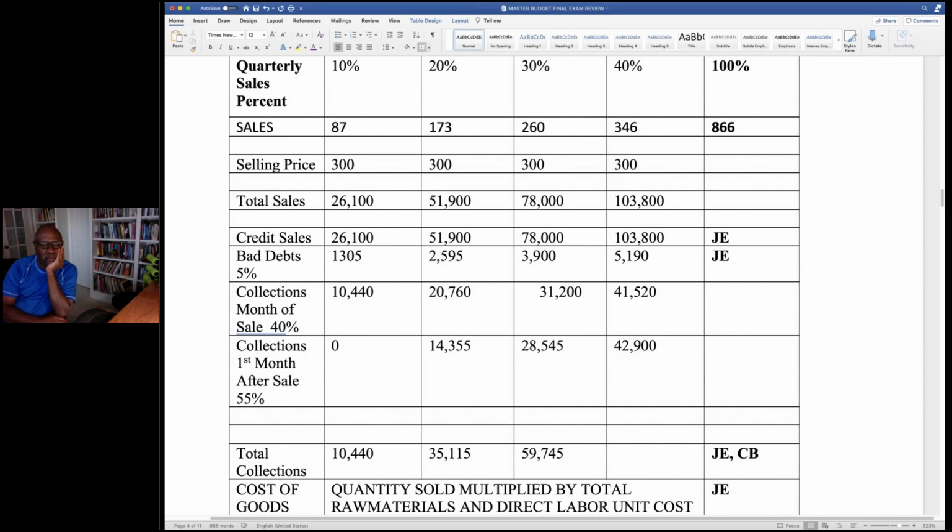And then our total collection would be adding the 42,900 plus 41,520, which would give us 84,420. And then we would take that number and put it in the fourth quarter of our cash budget underneath collections.